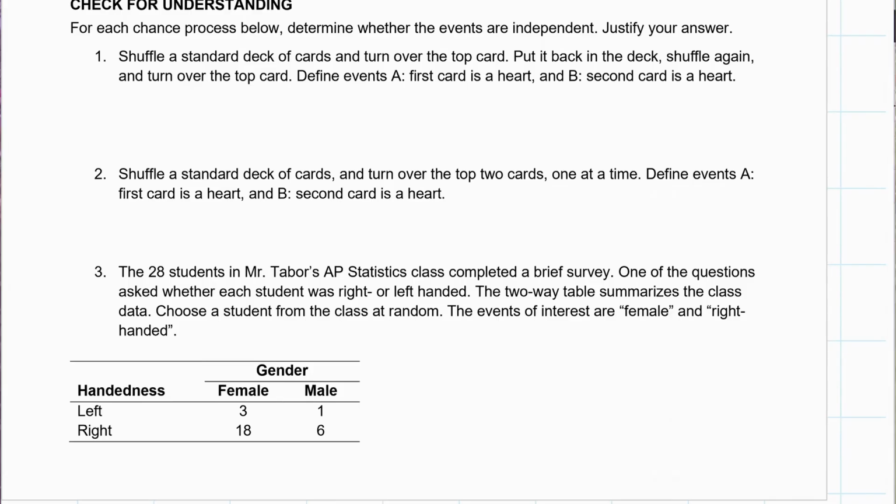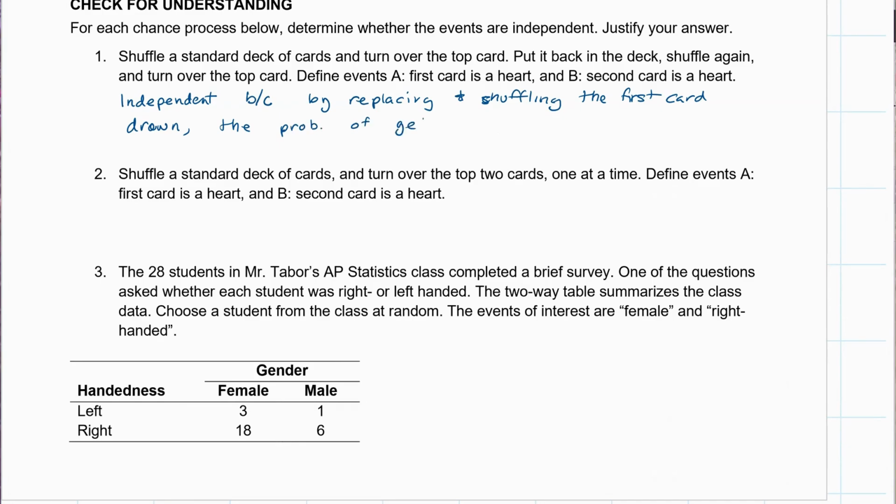Well, I classify these events to be independent because by replacing and shuffling the first card drawn, the probability of getting a heart has not changed. So independent.